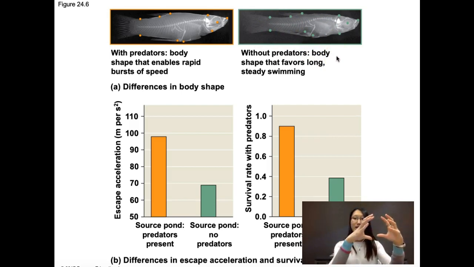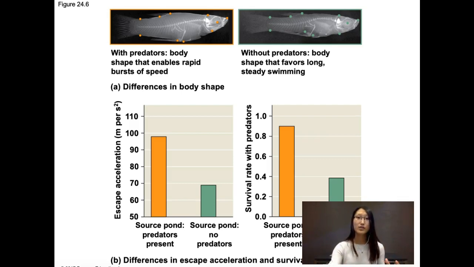So in this pond that has more predators, we'll just call it orange fish. The orange fish are going to have a selective advantage, right? They have the ability to survive and reproduce under the condition of having those predators.